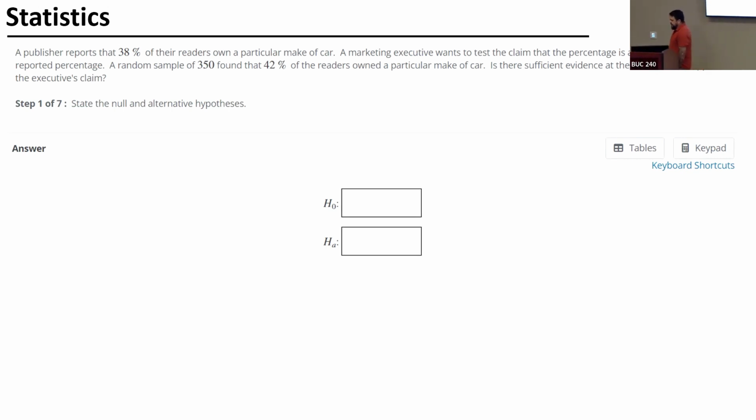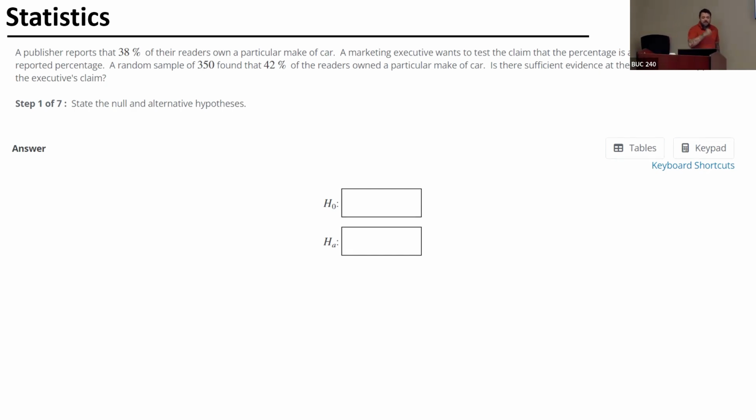Notice on this one though, I'm not telling you that you're dealing with a mean or anything like that. People are going to say, obviously it's P. Yeah, people say obviously until you're looking at the final. But notice right off the bat, a telltale sign that I'm dealing with proportions.